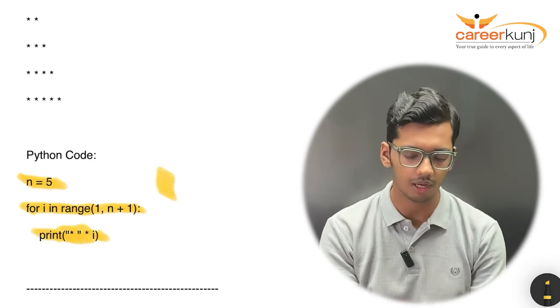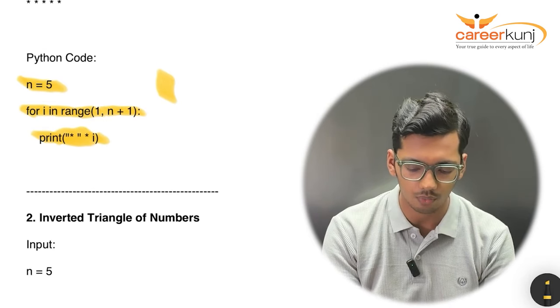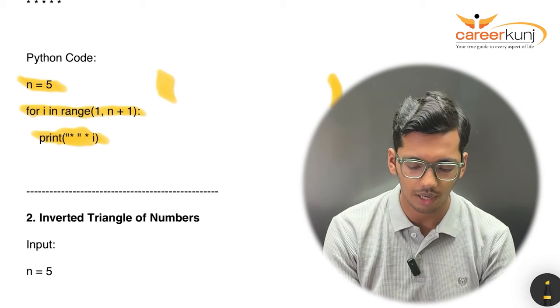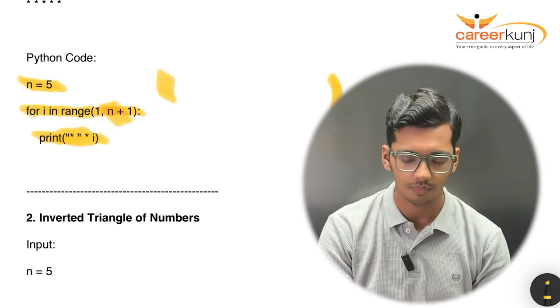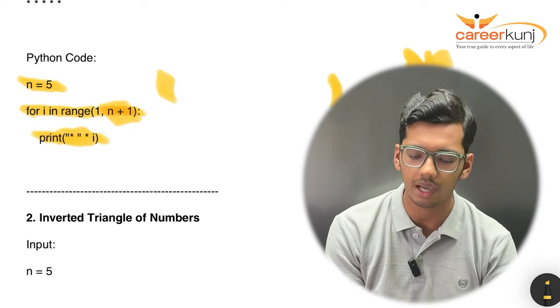So first when my code enters this loop, my value of i is 1 and my value of n plus 1 is 6. So first it will print only a single star, right? Because I am doing star into i, and i is 1.